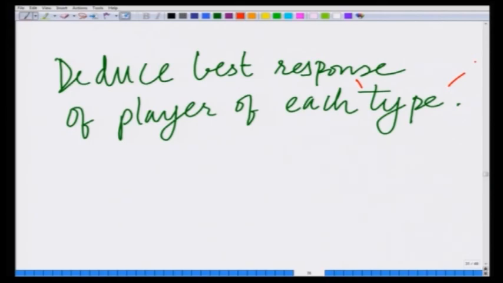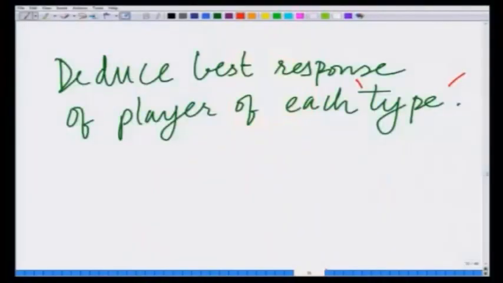We have figured out the best response of the girl, or player 2, of type I, and also derived the best responses of player 2 of type U. So now we have to deduce the Bayesian Nash equilibrium of the game.